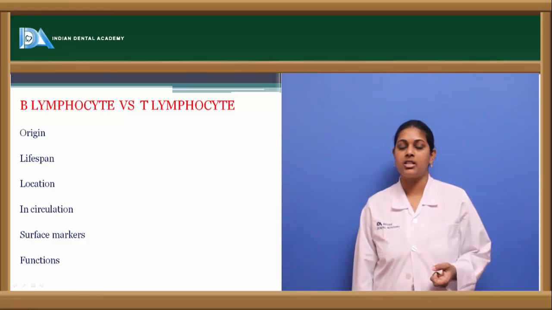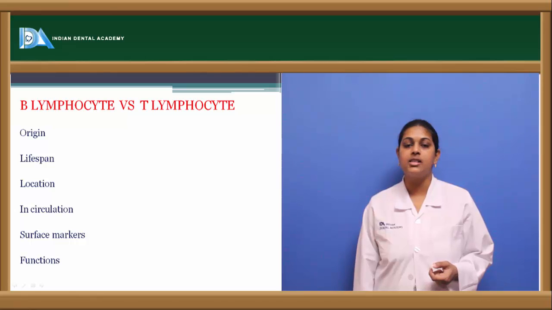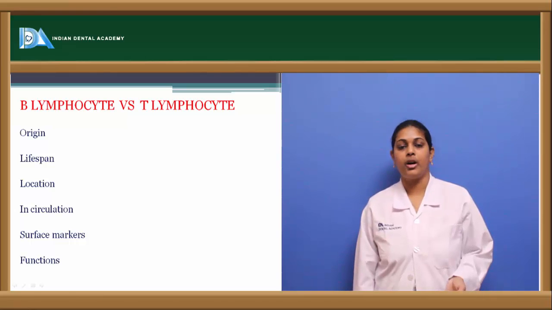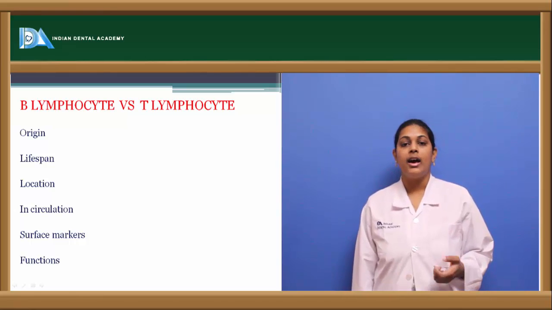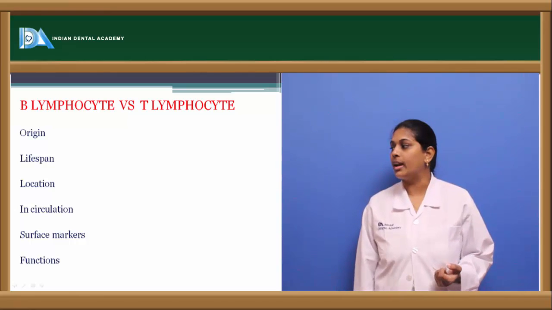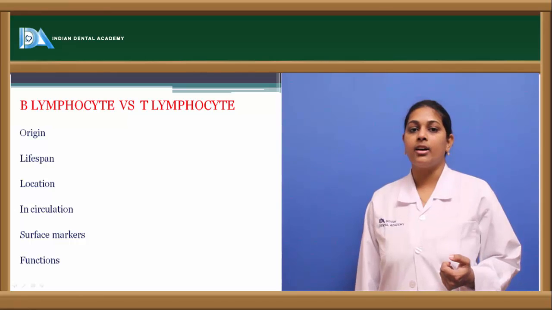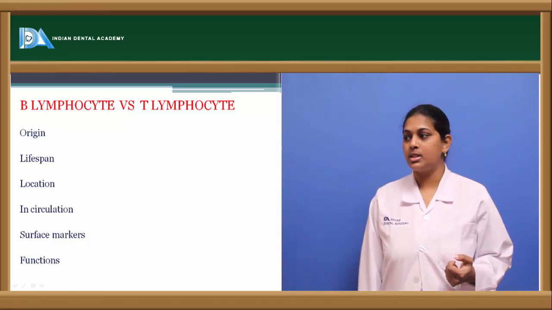The specific surface markers for T lymphocytes are CD4 plus cells and CD8 plus cells, based on the division of the T lymphocytes into T suppressor cells or T helper regulatory cells. Whereas the B lymphocytes contain specific immunoglobulins within them.